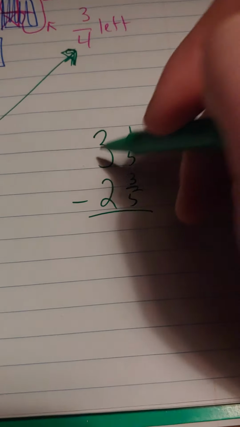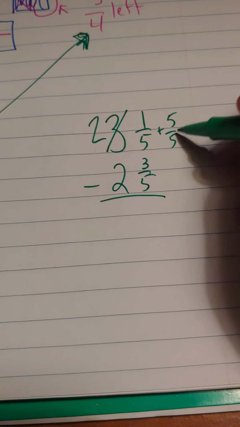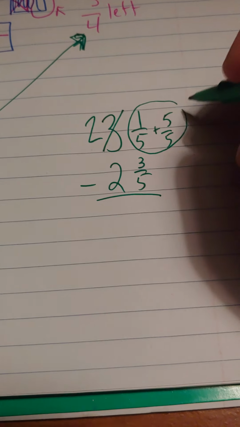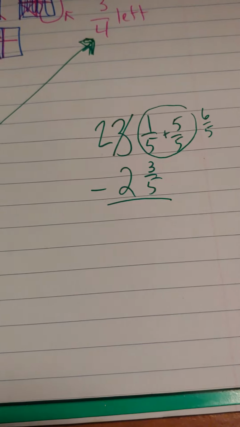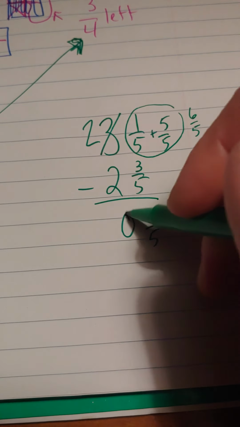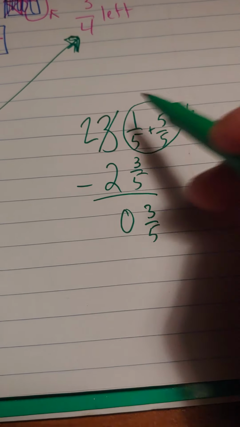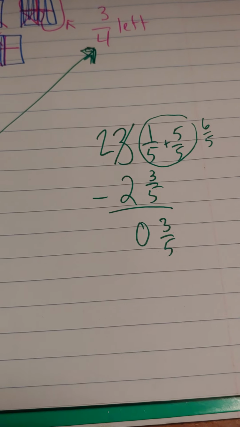If this was like 3 1/5 minus, just for the sake of ease, like this, I would say, okay, I'm going to borrow from here. And then I would add 5/5 to it. So I would have 6/5. So 6/5 minus 3/5 would be 3/5. 2 minus 2 would be 0. Okay? And you can always do your check by adding them back up. You probably should do your check by adding them back up.